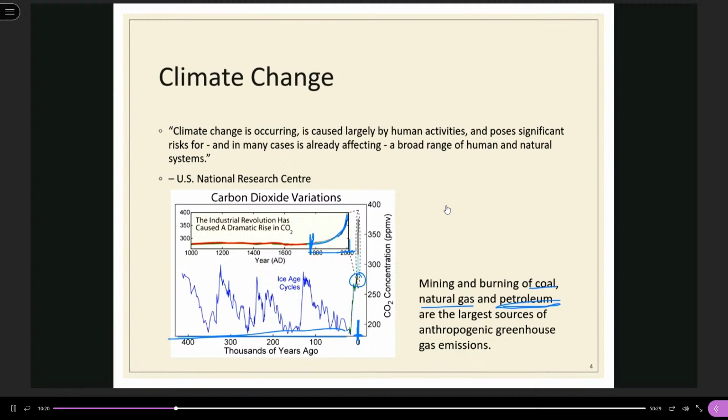Burning these fossil fuels and mining are the largest sources of anthropogenic, man-made greenhouse gas emissions. Burning fossil fuels is the major contributor to greenhouse gas emission.